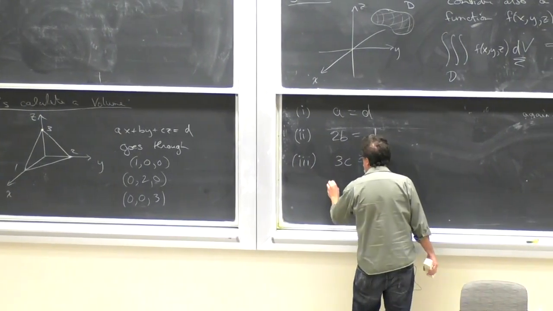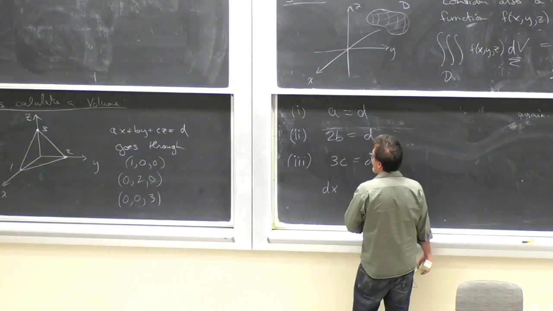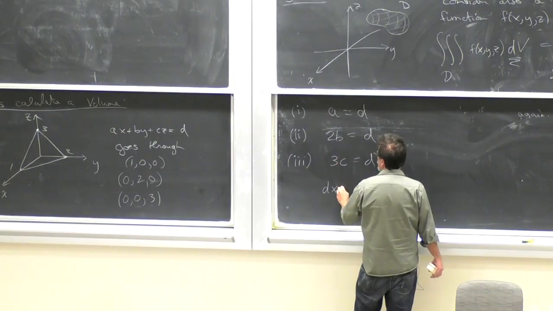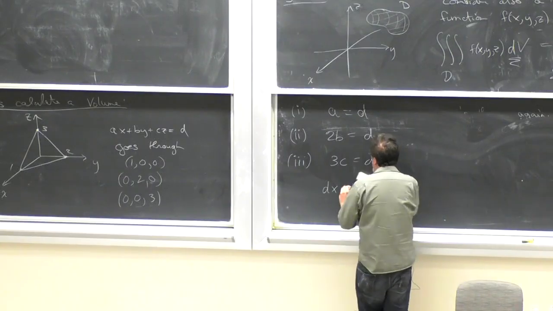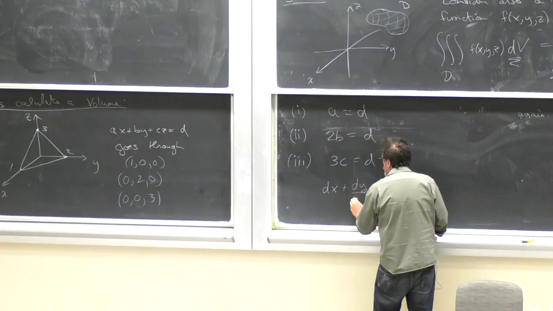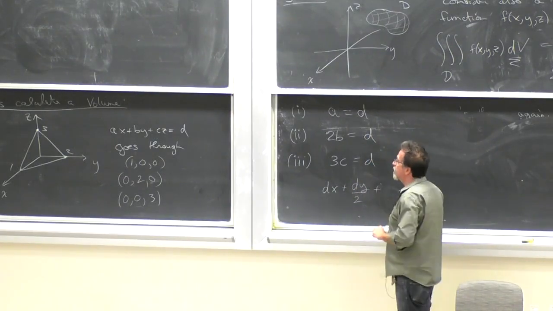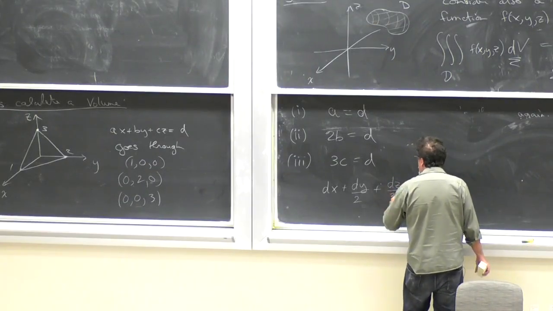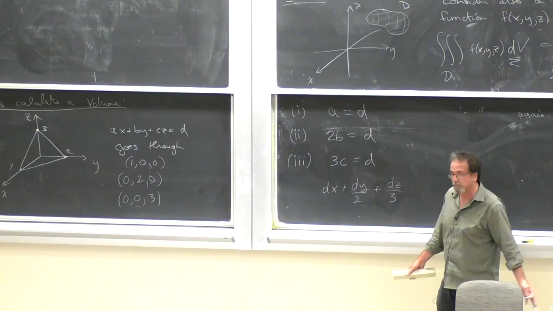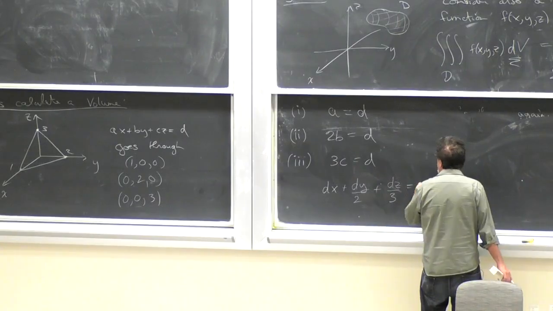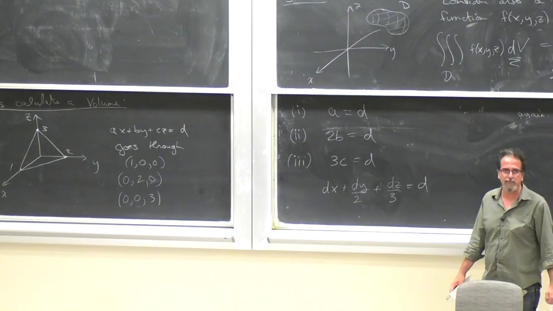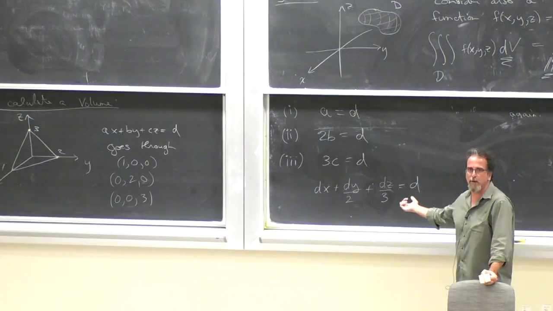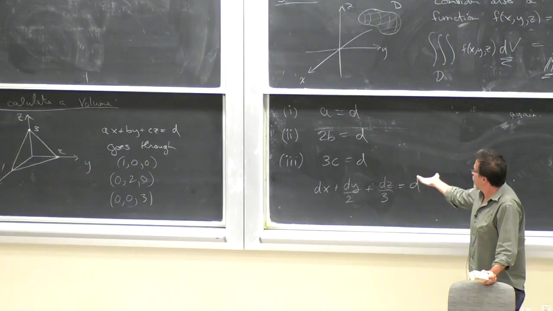A is equal to D, so that's dx. B is equal to D over 2, so that's plus dy over 2. Plus C is equal to D over 3, so this is going to be dz over 3. Is equal to D. And this tells you something else that's neat about the equations for a plane.